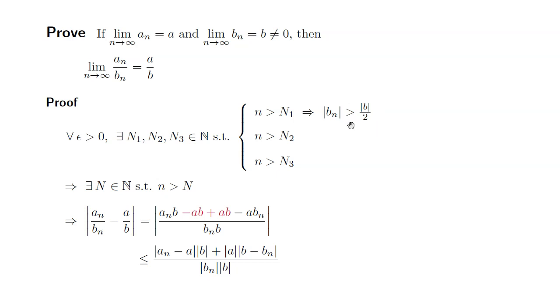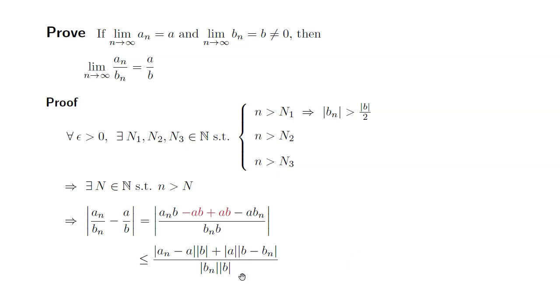This might be a little bit strange because we usually have a less than, but we want the lower bound in this case, since we want to be able to replace the denominator with the smaller denominator so that we can have a larger fraction.